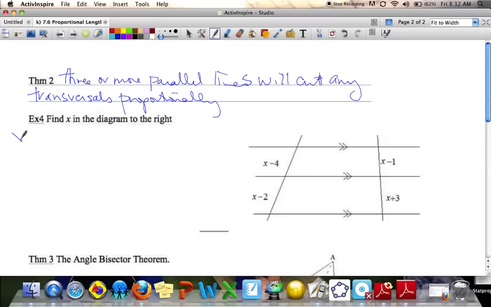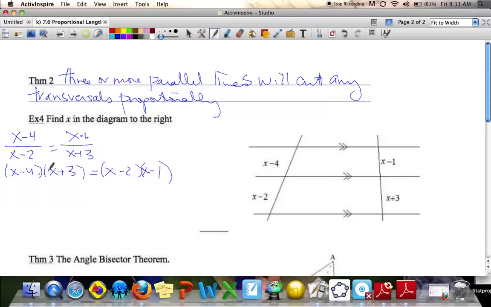So this is going to have a lot of x's in it, so we have to be very careful foiling, writing steps, not skipping steps. So we would get x minus 4 times x plus 3 equals x minus 2 times x minus 1.